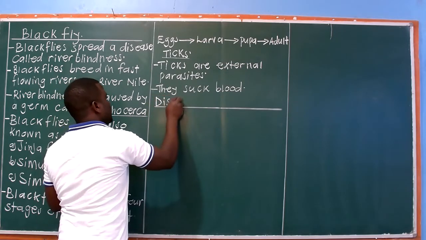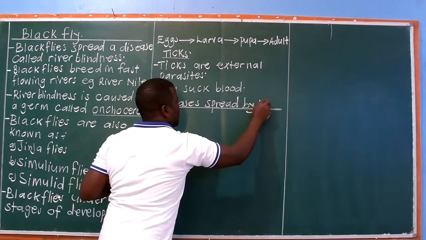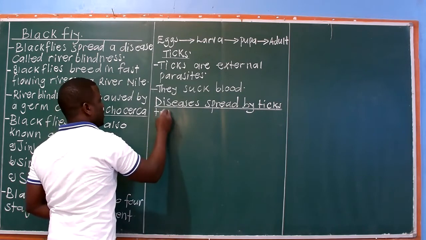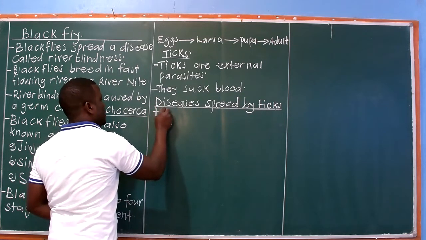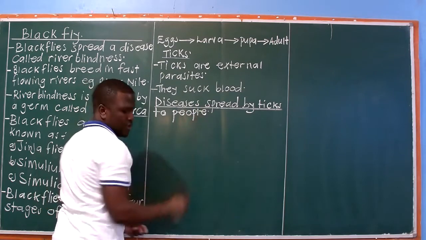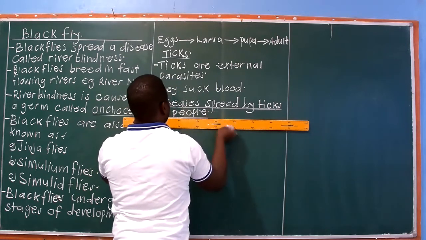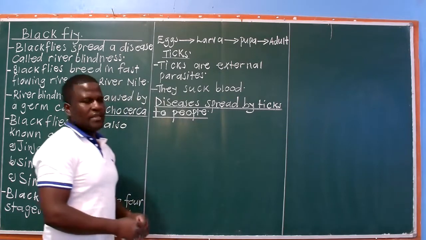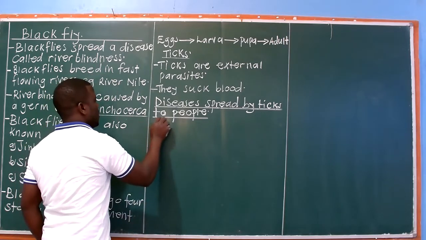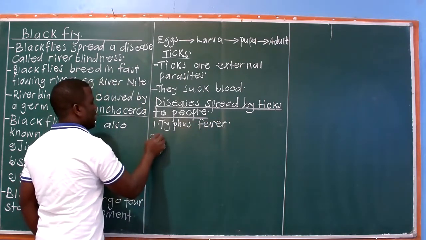So you find that when ticks suck blood from people, they spread diseases like typhus fever, then we have what we call relapsing fever.